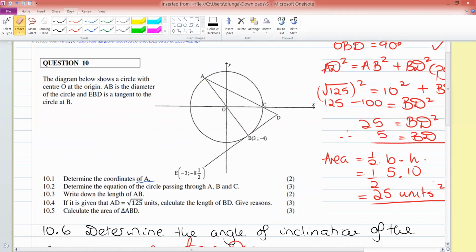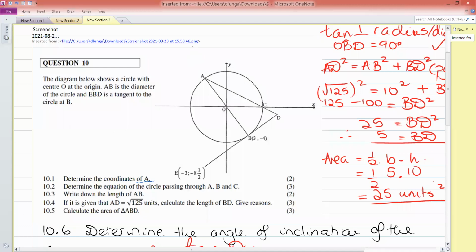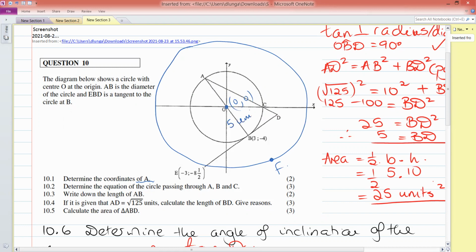They say there's another circle with the same center. They said OF divided by OB, so I'm going to put the point F here. Same center, which is 0, 0. Remember, we worked out what OB was. OB was 5 units long.